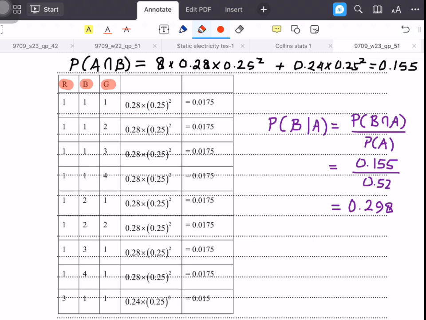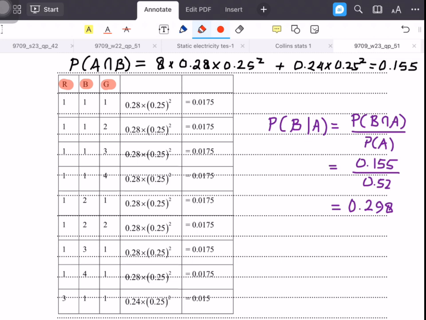0.28 is the probability that the red spinner lands on 1, while for the blue and green spinners they have a constant probability which is equal to 0.25 because they are fair spinners. And when red lands on 3, the probability is 0.24 as in the table shown before.